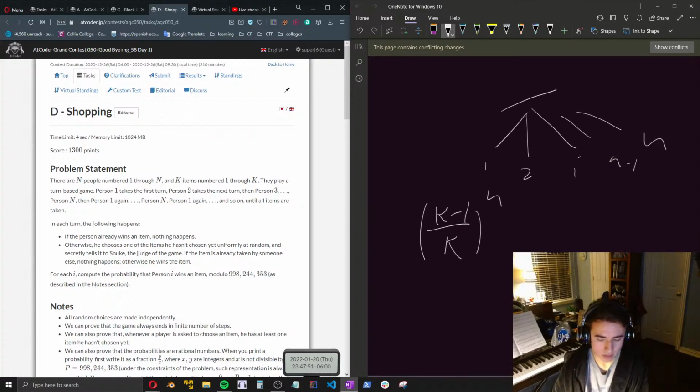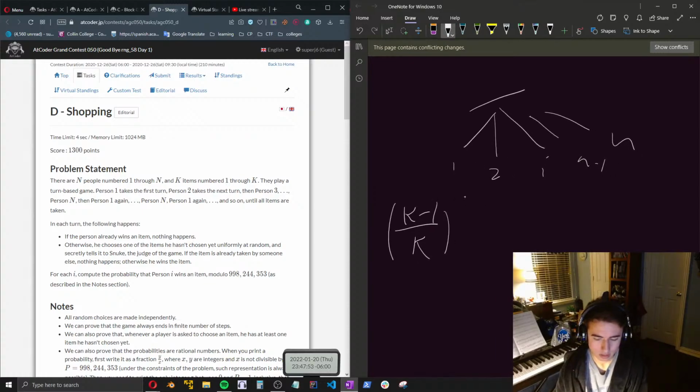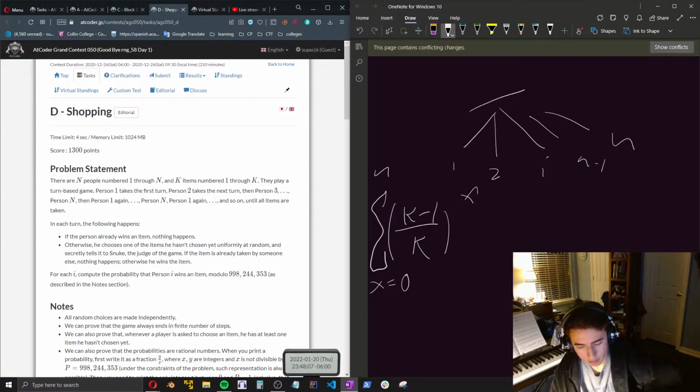So it'd be the sum over x equals 0 of k minus 1 over k to the power of I minus 1 times 1 over k.